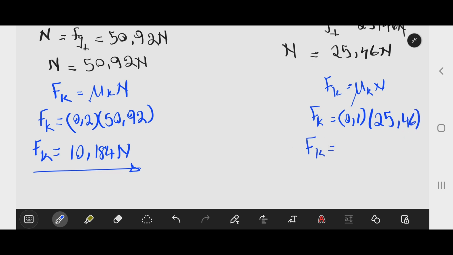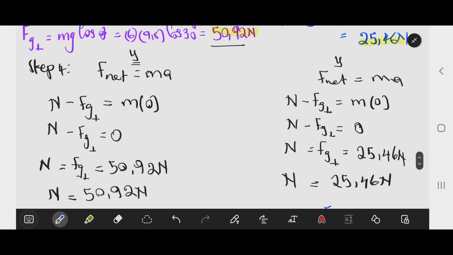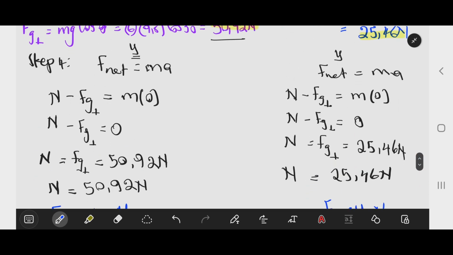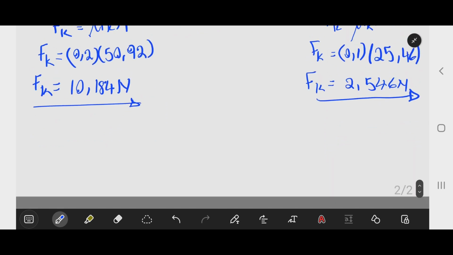So the friction now for the 3 kg would be 0.1 multiplied by 25.46, and that would be 2.546 newtons. Okay, so we are now done with the Fnet in the y-axis. So now we can go and calculate the net force in the x-axis, right?